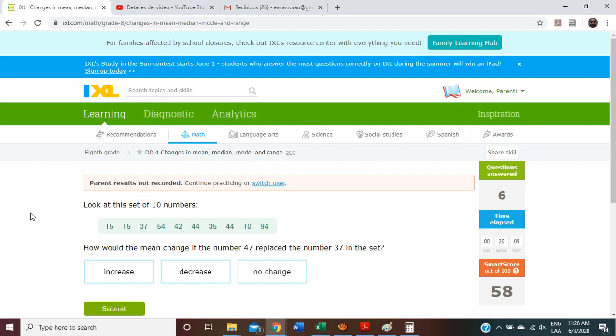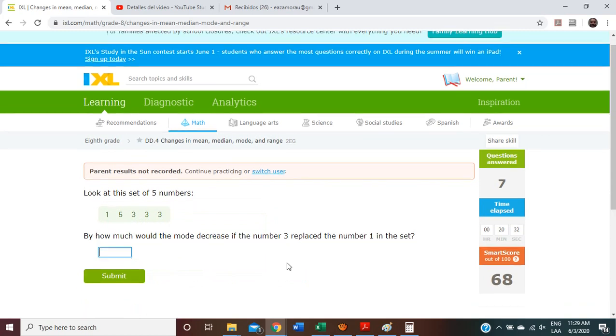So it is going to be the same right here. Okay, we have a 37, but instead of writing a 37, we are going to write a 47. So because this number is going to be higher, when we do the new mean or the new average, we're going to find out that it is going to increase. Okay, so we don't need to do operations. In this case, we submit our answer and that's it.